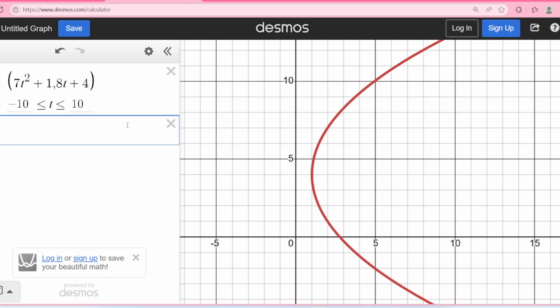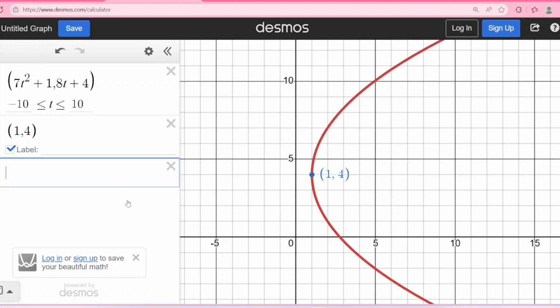I might as well put in the point (1, 4) so we can identify the vertex real quick, the furthest left point on this parabola, as I was stating earlier in my hand drawing. All right, well, those were the parametric equations, tracing out this red curve, or whatever color you see.